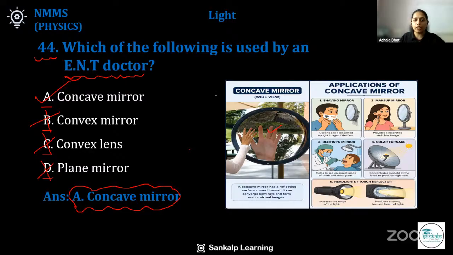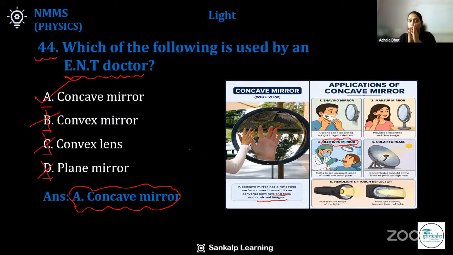Not only ENT doctors, dentists also use this concave mirror. Here option A, concave mirror, is the correct answer. A concave mirror has a reflecting surface curved inward. It can converge light rays and form real or virtual images based on their position.